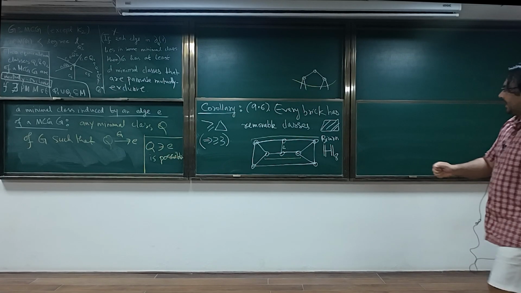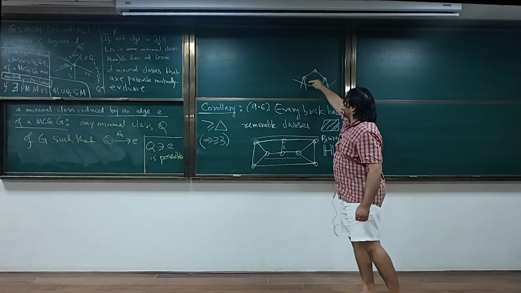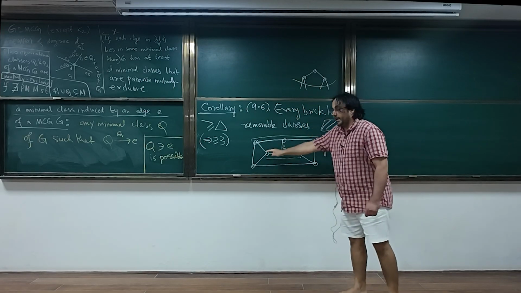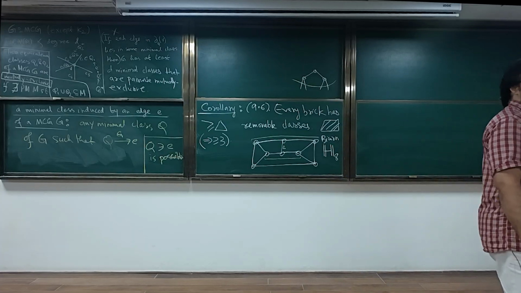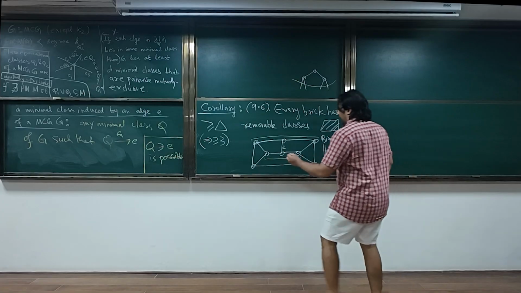So what I can do is delete this edge and replace this degree 2 vertex and its 2 neighbors by a single vertex. That is just a tight cut contraction. I can do the same thing here. What is the graph you get? K4 with a multiple edge.